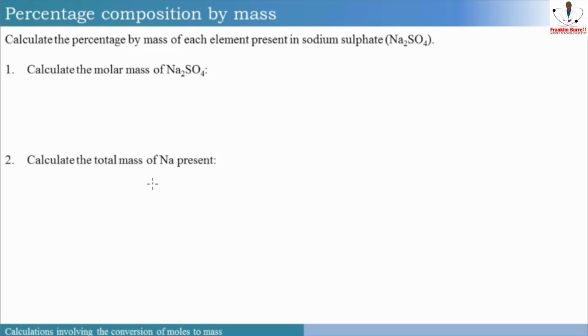So in finding the percentage by mass of sodium, we have 2 sodium atoms present. So that will be 23 times 2 over the total mass. Let's work out the molar mass of sodium sulfate. So the molar mass here would be, for sodium, 23 times 2 plus 32 for sulfur plus 4 times 16.